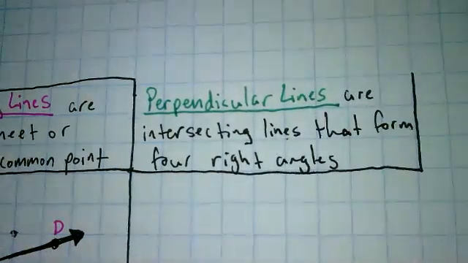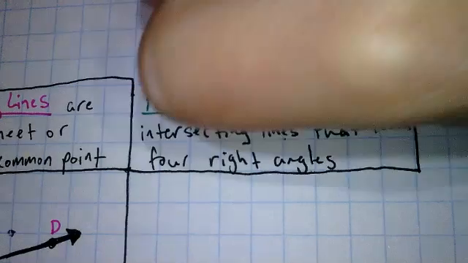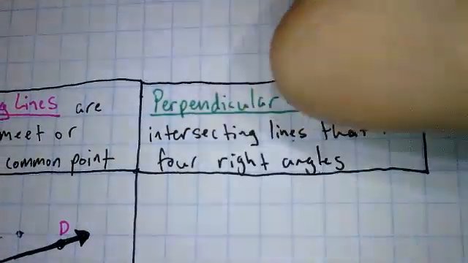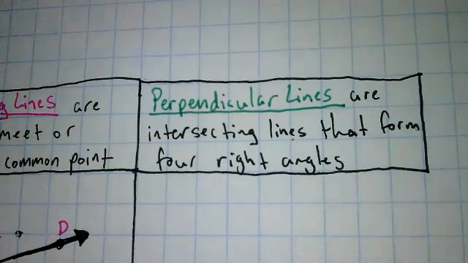It's a perfect corner, also known as a square angle or a 90-degree angle. There's lots of different things you can call it. But we know that it makes straight, perfect corners. So perpendicular lines also intersect just like our intersecting lines on the last one. The difference is perpendicular lines intersect to make four right angles. We'll draw a picture of that in just a second. You can also probably see it in your notes.